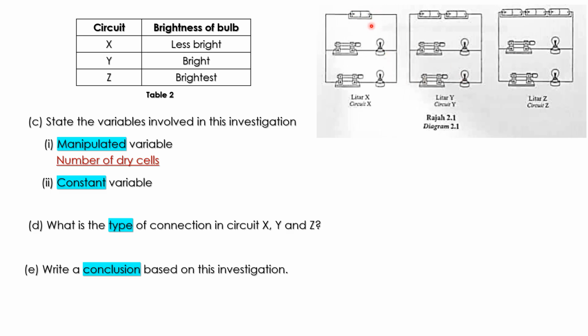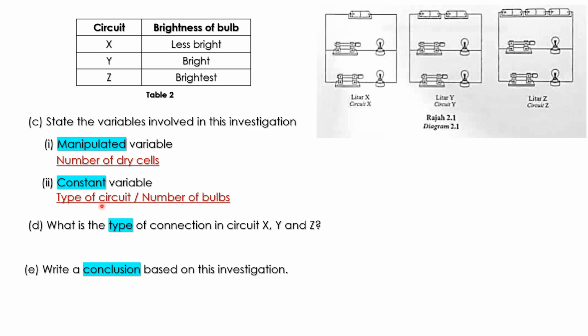So in this case, only the dry cells are changing. So this is your manipulated variable. Your constant variable can be the number of bulbs in a circuit, and the most important thing for this experiment is that all three circuits are parallel circuits, right? All three are in parallel. So that is a constant variable.